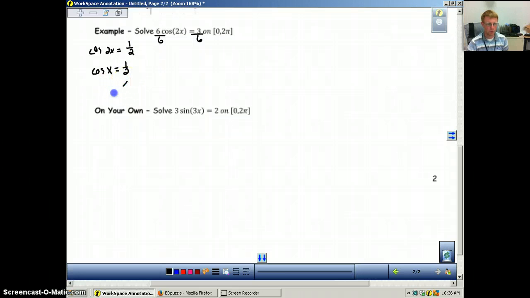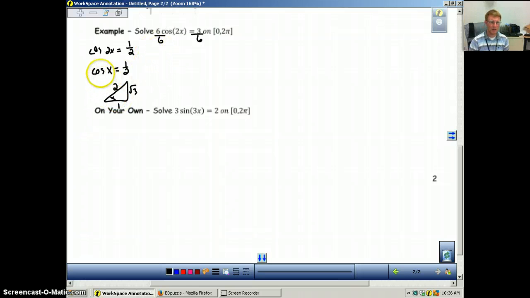So if I were to draw out the right triangle here, and we have a cosine of x, the adjacent side is 1, the hypotenuse is 2, that means our other side is the square root of 3. You can start to realize that because the adjacent side is 1 and the hypotenuse is 2, this has to be a 60-degree angle.